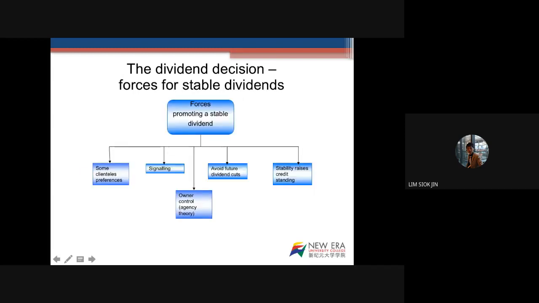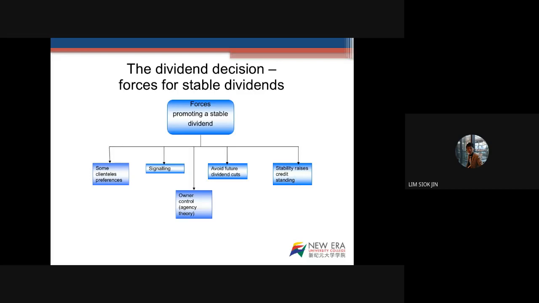Okay. Next one, stable dividend, so that when you can pay stable, that means they increase the credit rating. That means this company will look very powerful, very strong, because they can pay stable dividend even when the economy is bad, even when the economy is good, they still continue to pay.